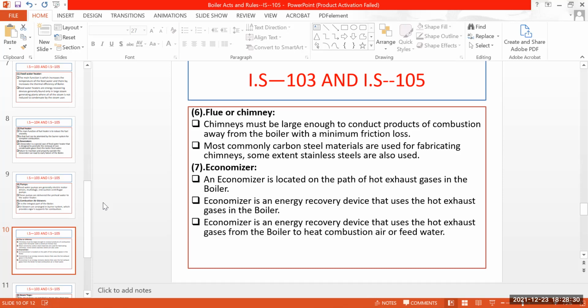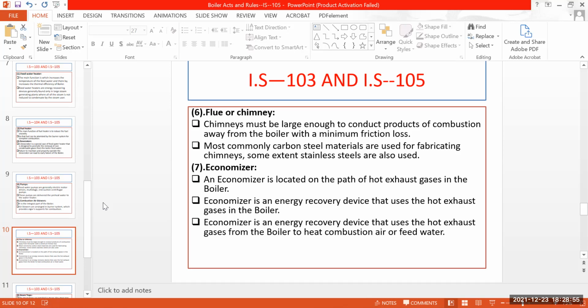And they should be large enough to conduct products of combustion away from the boiler with a minimum friction loss. These are most probably large enough in diameter as well as in height also.